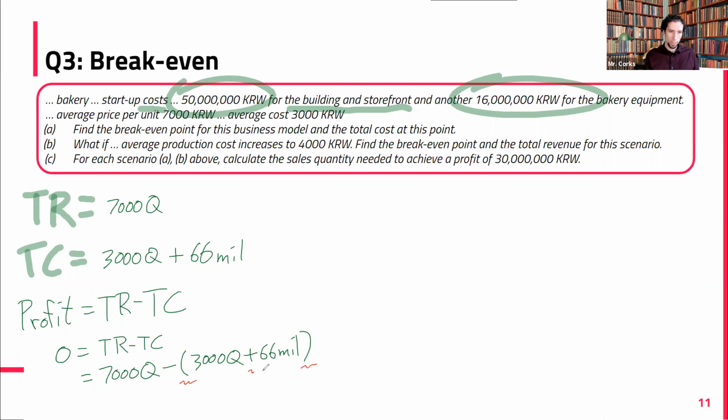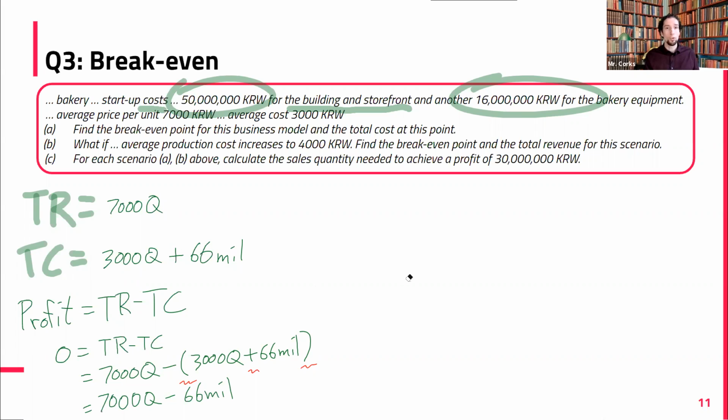A surprisingly common mistake that I saw is people forgot about these brackets here. So when they wrote plus 66 million on their next line, they wrote, okay, simplify this. That means it's 7,000 Q plus 66 million. But it's not plus 66 million, it's minus. That's the fixed cost because they forgot about the brackets, forgot to apply the negative to both of the terms inside the bracket.